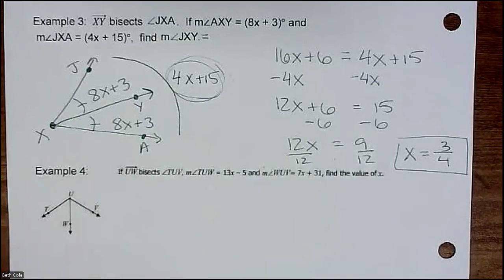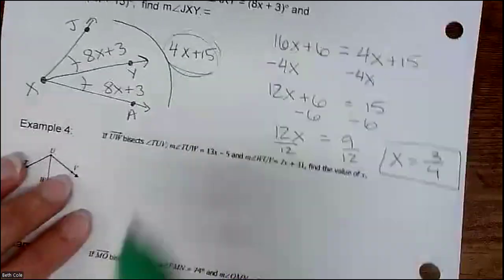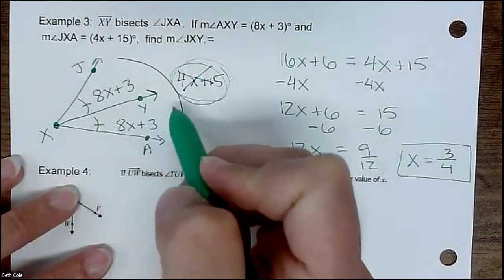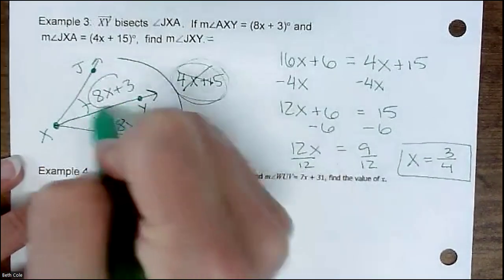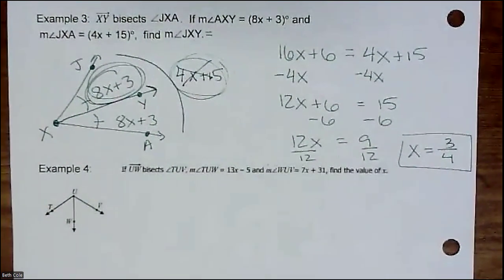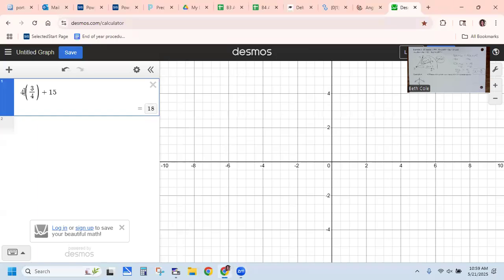Oh, JXY. Thank you. I cannot read. I'm having a morning. I'm so sorry. Not this one. JXY. Dang it. This one right here. 8x plus 3. Ooh, you guys are saving my butt today. All right, so let me change it. 8 times 3/4 plus 3. There we go. 9 is the answer to that.